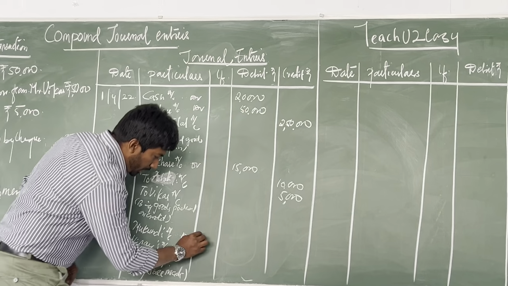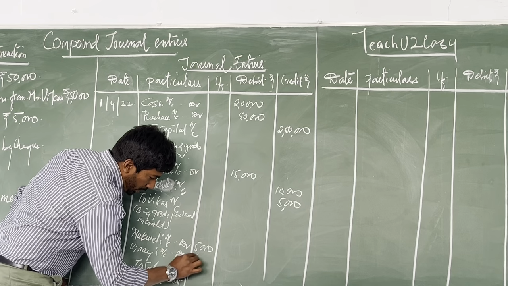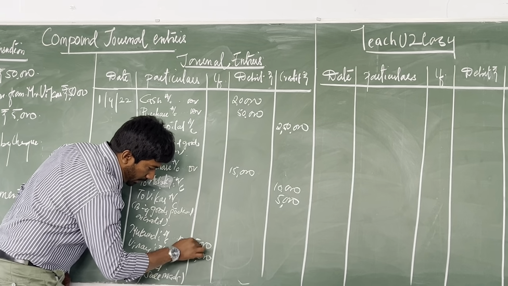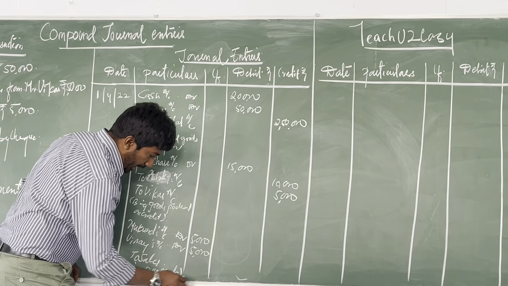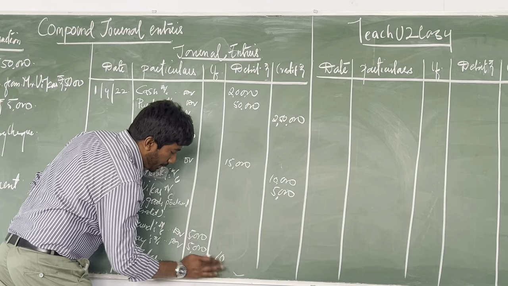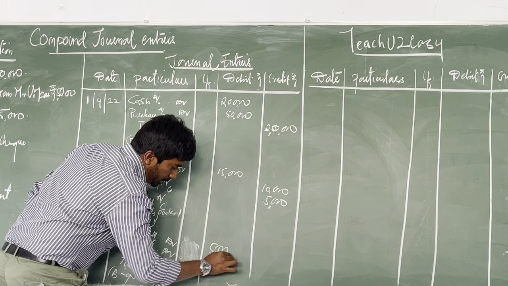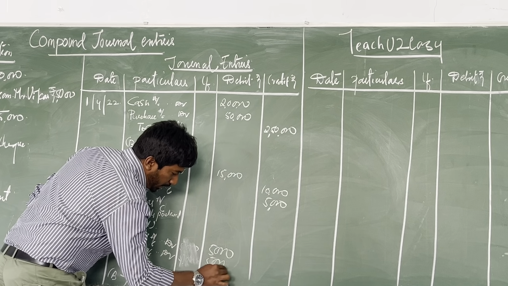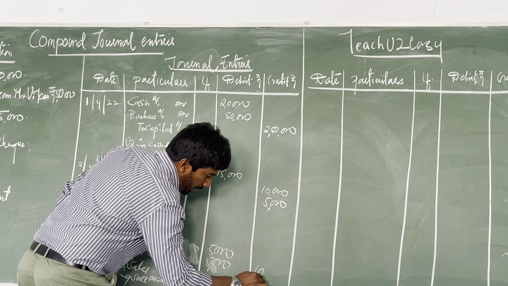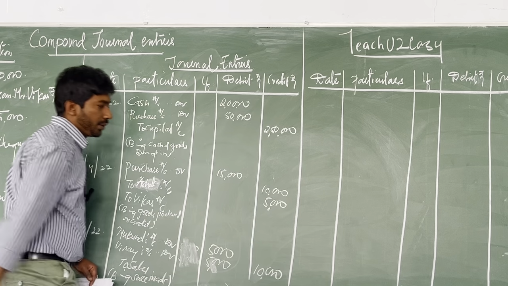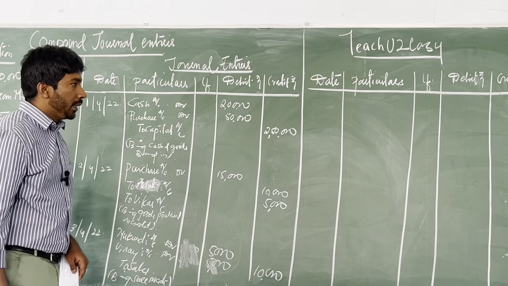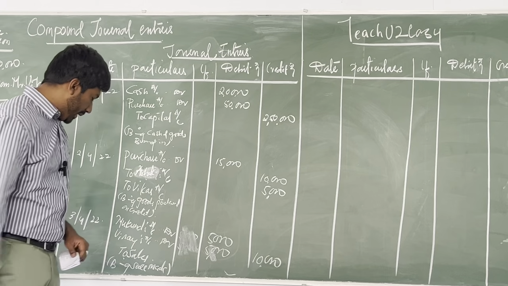So 5,000 from Mukund, 5,000 sales we have made with Vinay, 5,000 from Vinay, 5,000 from Mukund. So total sales is 10,000. Clear, guys? So let's move on to the next entry.